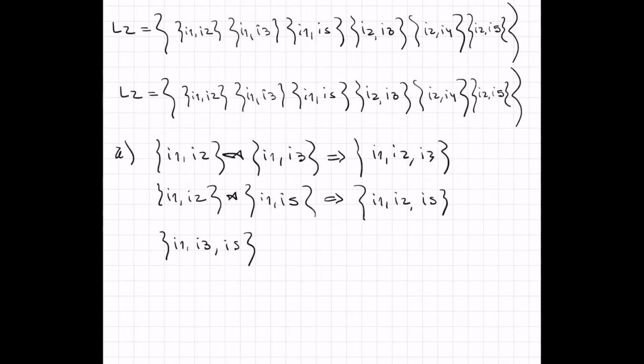So now this pair can be joined with this one and with this one, right? So we will create from there I2, I3 and I4, and I2, I3 and I5.